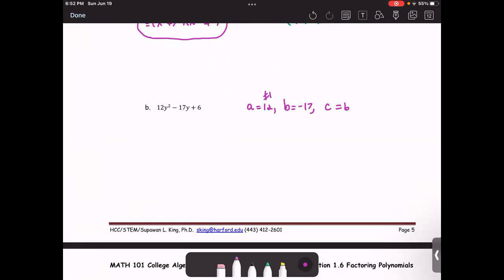What we're going to do to factor is look at the two numbers from the product of a and c. So start with a times c, which is 12 times 6, or 72. For the number 72, we're going to break it up.